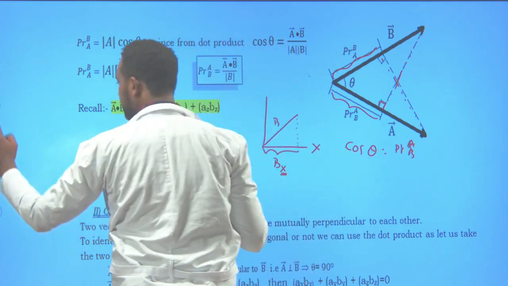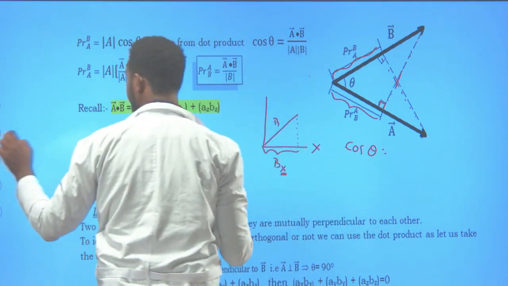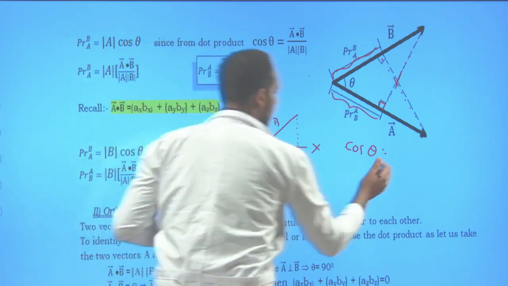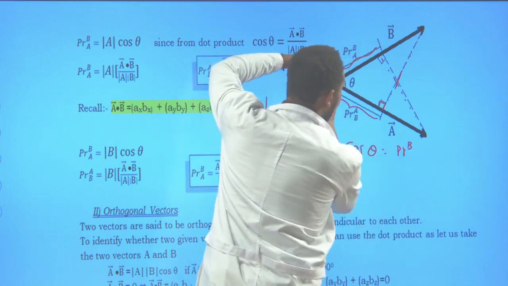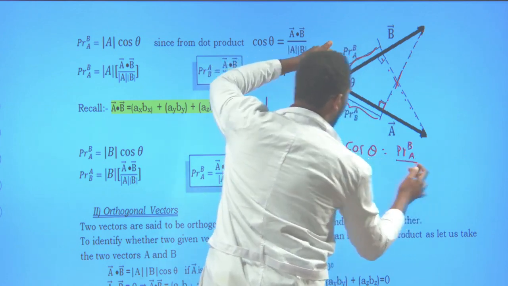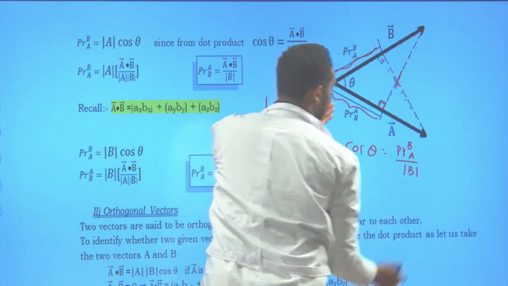The projection of vector b onto a over the magnitude of vector b. Okay?